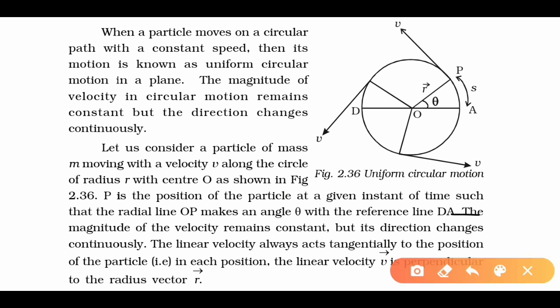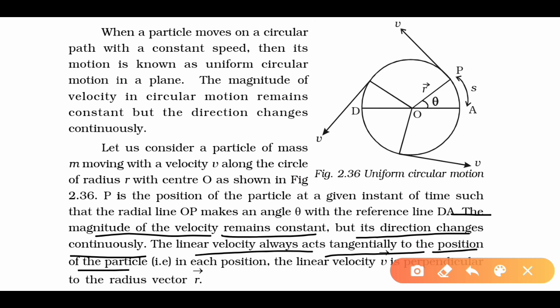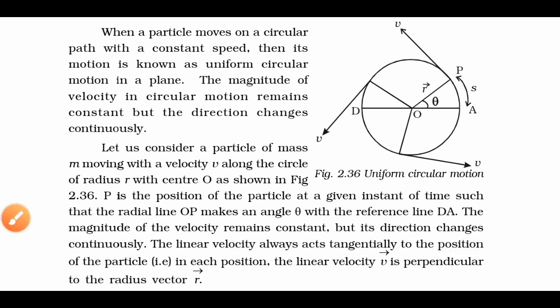The magnitude of velocity remains constant, but its direction changes continuously. The linear velocity always acts tangentially to the position of particle. In each position, the linear velocity v is perpendicular to the radius vector r.